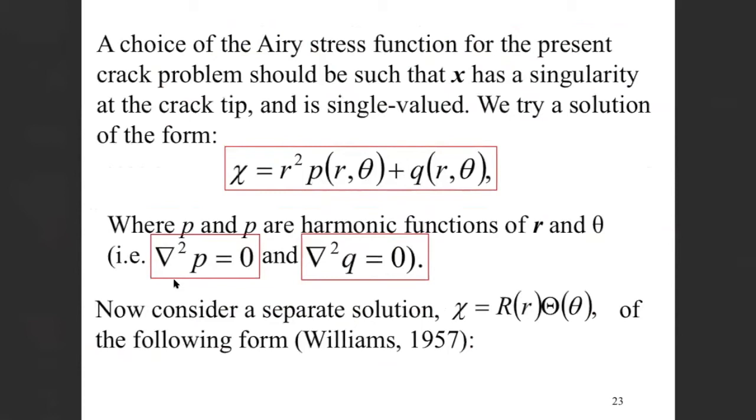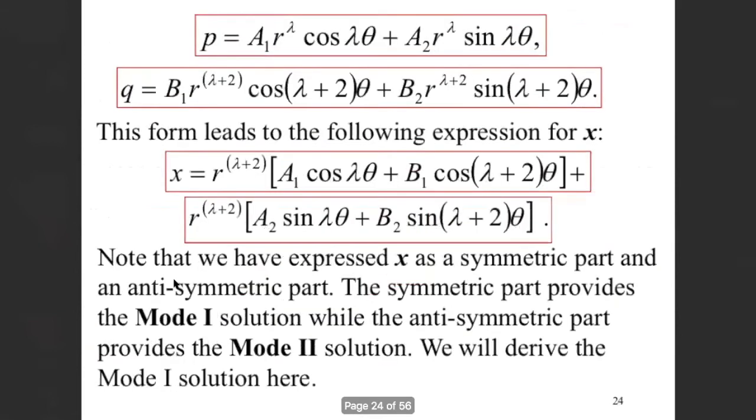But really the idea here is what we're going to do is we pick a form for the Airy stress function, right? Plug it in, figure out what we need to do to that form to make it solve the biharmonic equation. We then have a solution with a symmetric part and an anti-symmetric part, which corresponds to different crack modes.